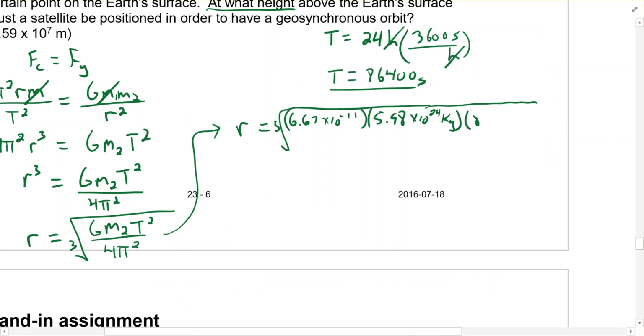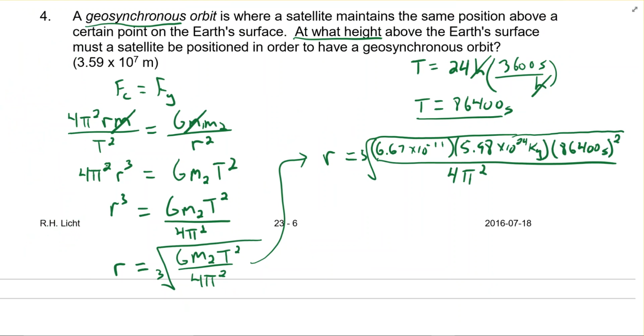We got T squared, and T we just figured out was 86,400 seconds. Don't forget to square it. And then that divided by 4 pi squared. So then for r, you were going to get 4.225 times 10 to the 7 meters.